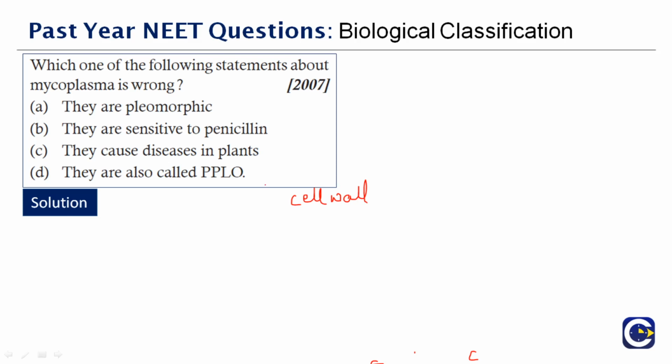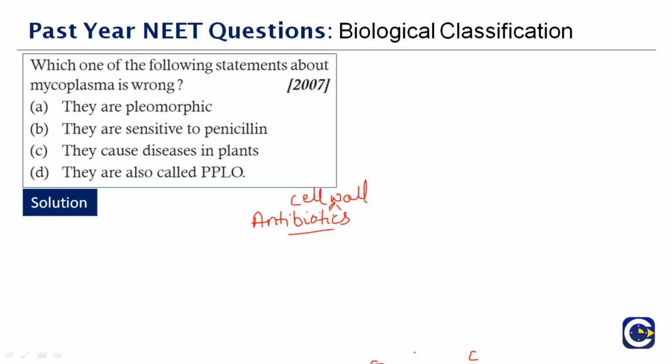How? See, we have antibiotics, we all know that. When we talk about antibiotics, their main target is to attack the cell wall. That is how all medicines will work. Since mycoplasma lacks a cell wall, antibiotics do not work for them. Why do antibiotics work on the cell wall?